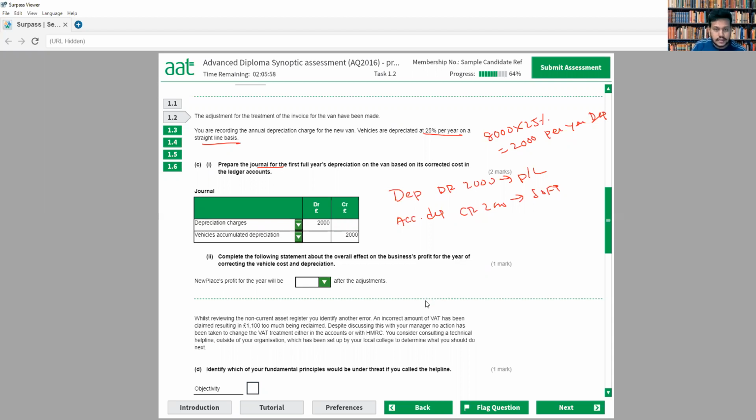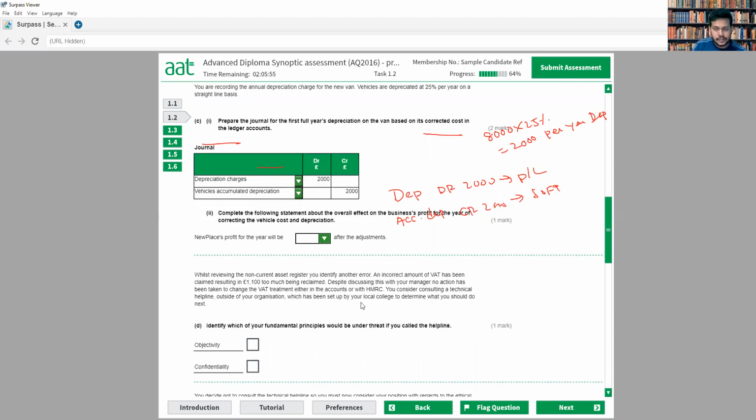All right, then we have the next one. They are saying, complete the following statement about the overall effect on the business profit after correcting the vehicle and the depreciation. The new profit for the year will be lower or higher? Of course, lower.